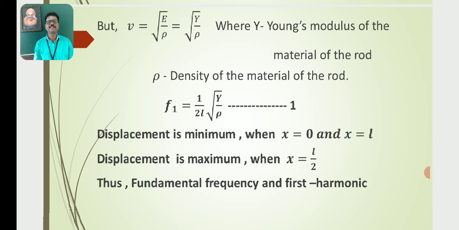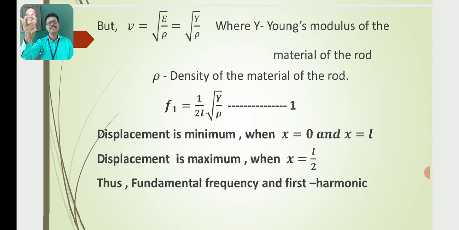We know that velocity V is equal to root of E by rho, where E is the modulus of elasticity and rho is the density of the material of the rod.